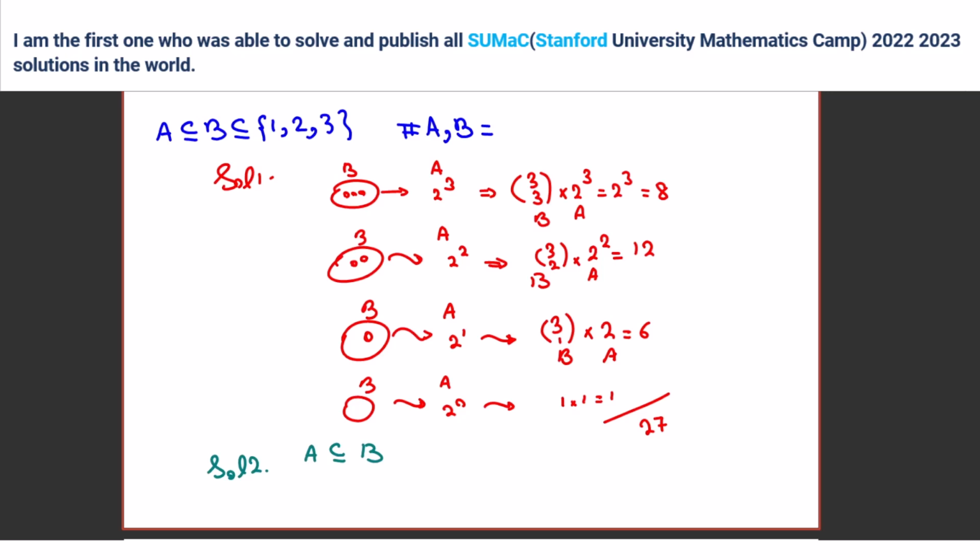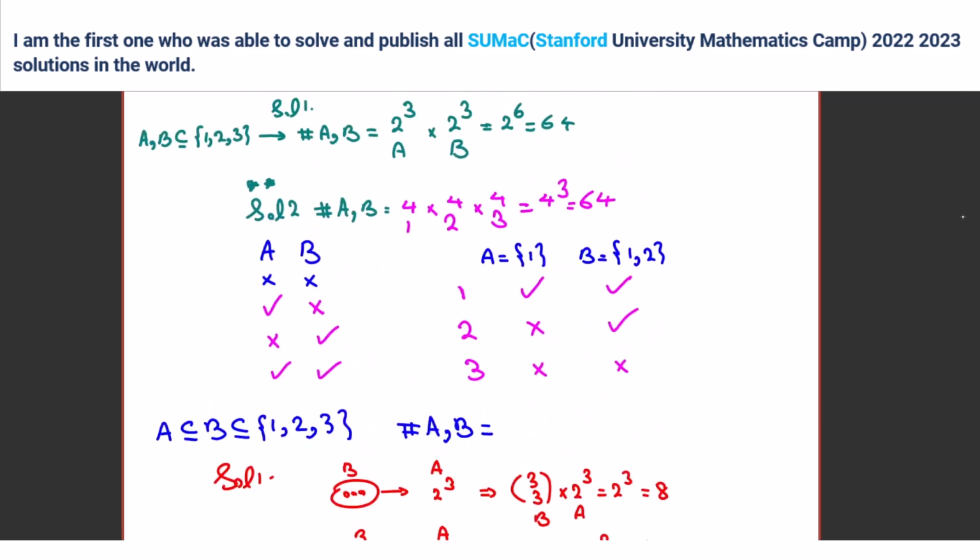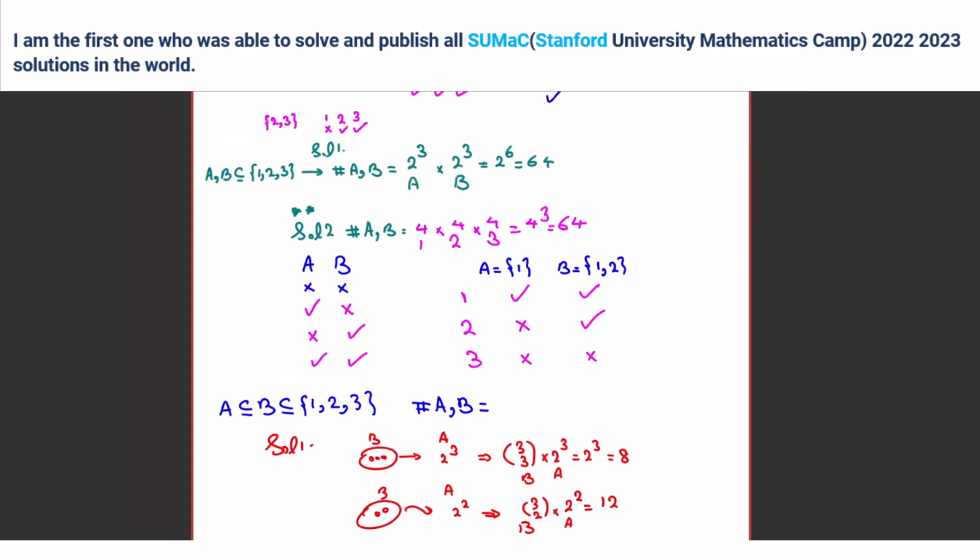Cross, cross, check, check, what are the cases? Like the previous one, for each element for going to A and B: cross, cross, check, cross, cross, check, check, check, right? Now here we have a condition.